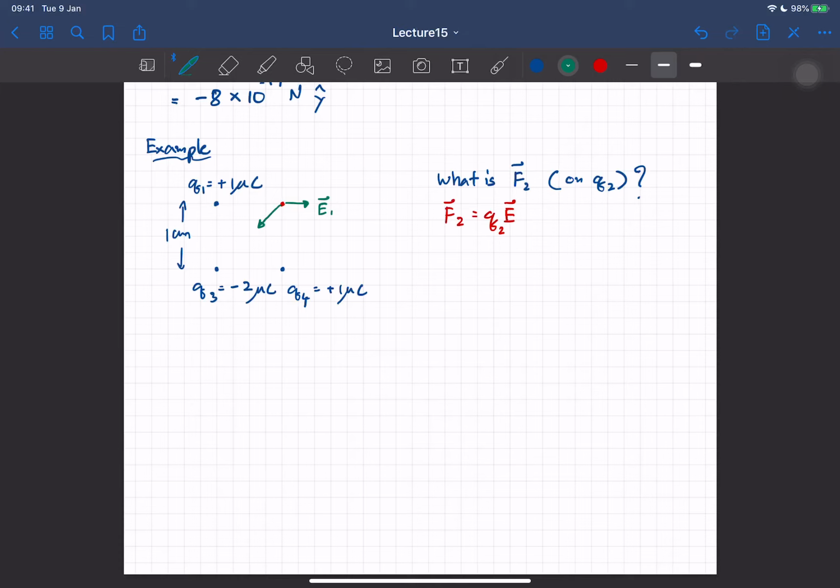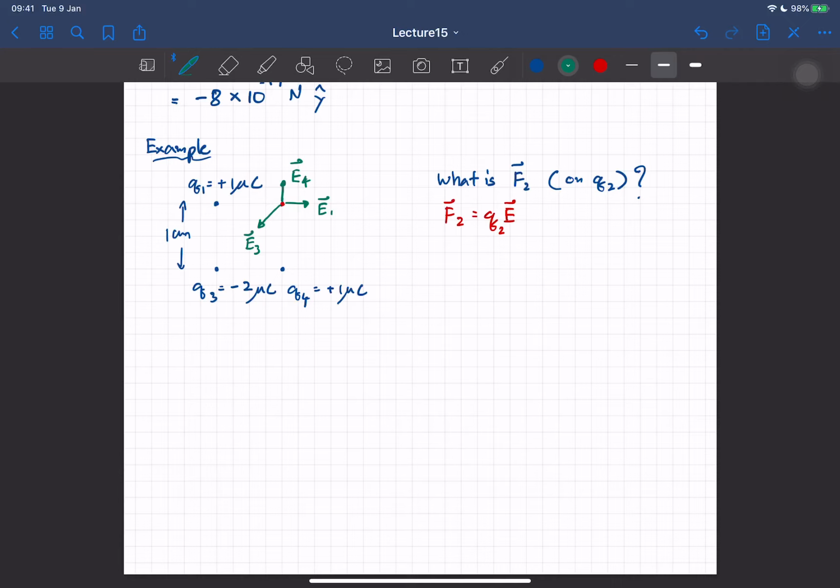And I'm gonna write it E3 because it's the electric field from Q3. And Q4 is positive, so it's gonna point away from Q4. So Q4 is gonna give E4, which is in that direction.